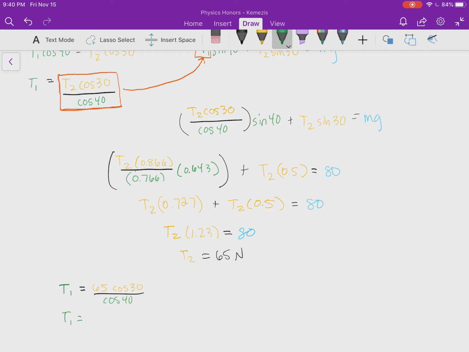We said the cosine of 30 was 0.866, so 65 times 0.866 divided by cosine of 40, which is 0.766.